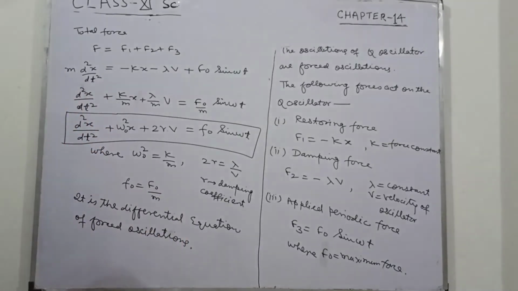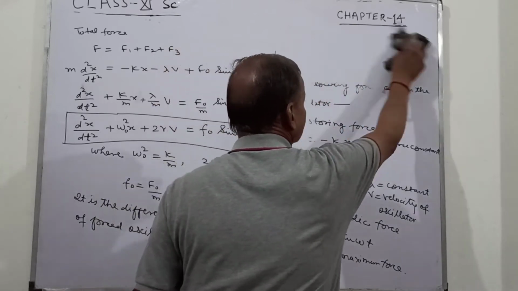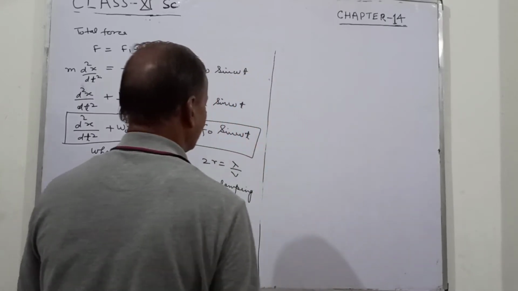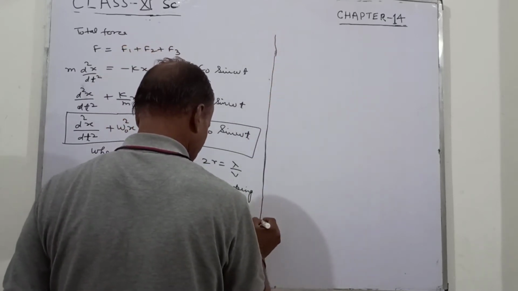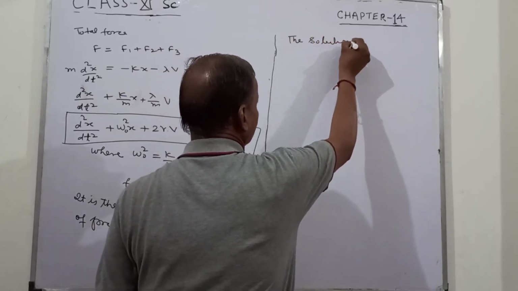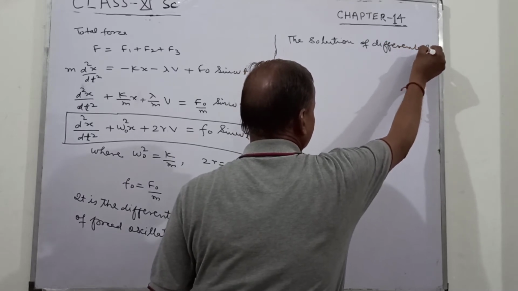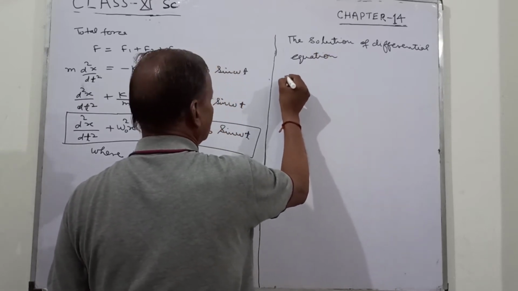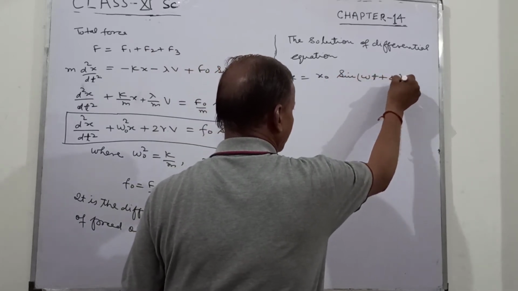Now the solution of the differential equation can be written as x equal to x naught sin omega t plus phi.